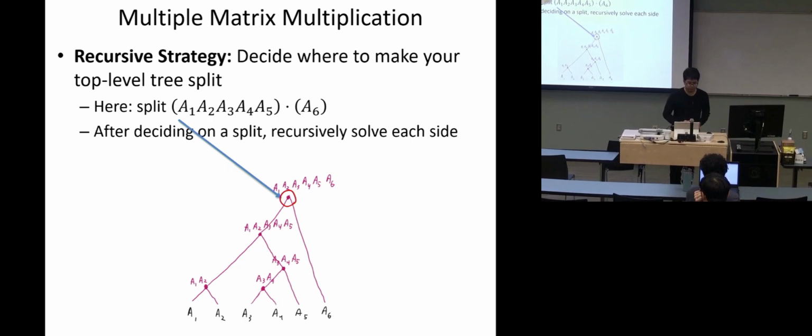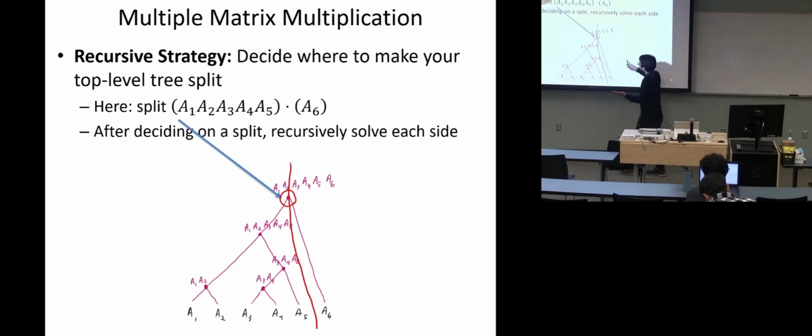What you need to decide is where you want to make a split at the root. Here you make a split at A5 and A6. Once you have a split, it's clear what to do on both sides. That's just the same problem: a tree design problem on the left and on the right.